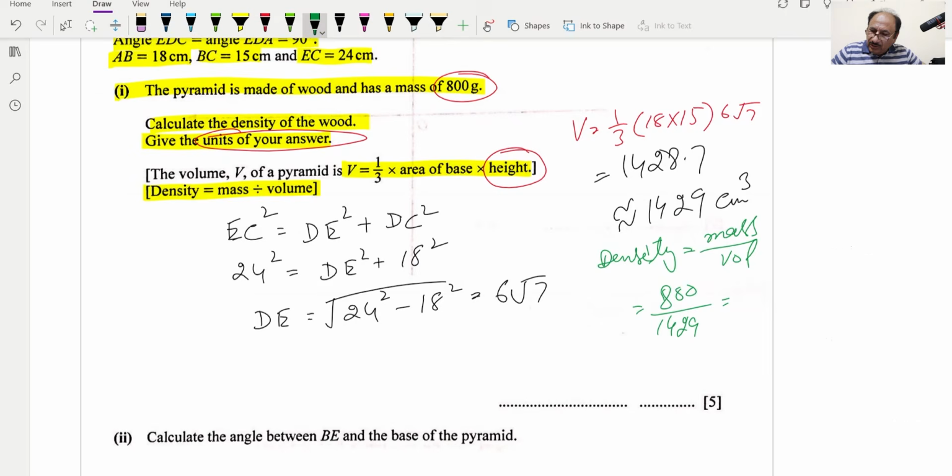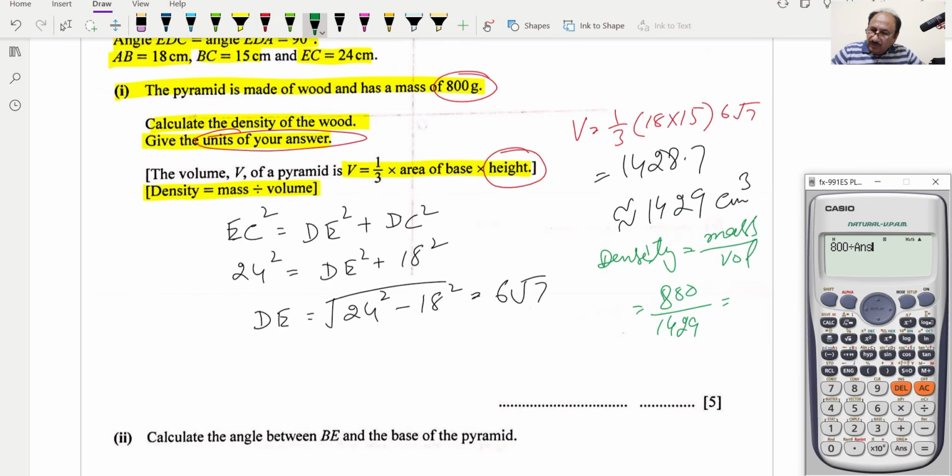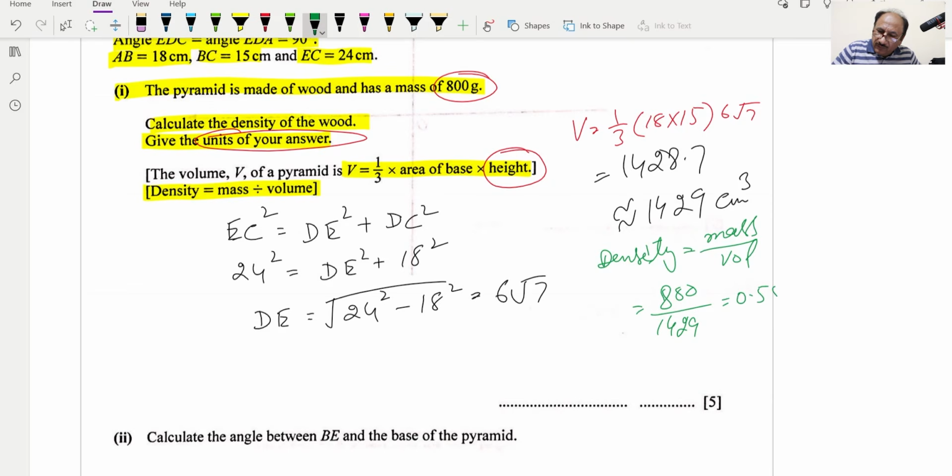So 800 divided by the answer is equal to 0.559, so approximately 0.56 we will write down, and the units will be grams per centimeter cubed. This will be the units.